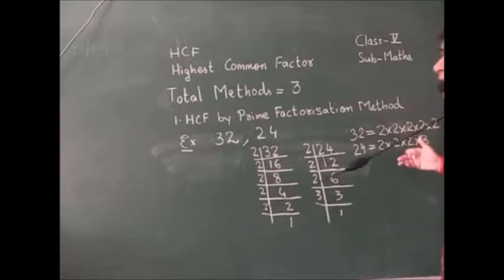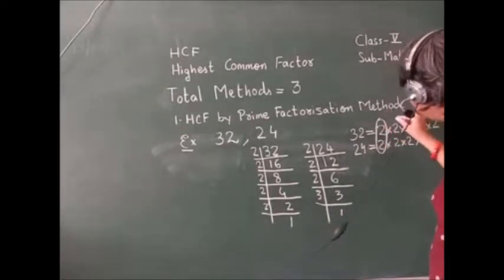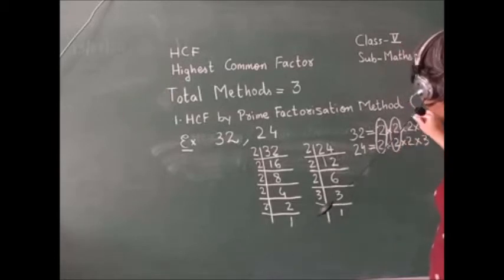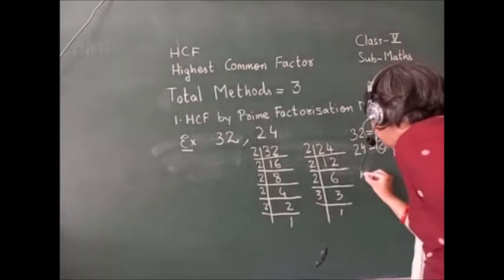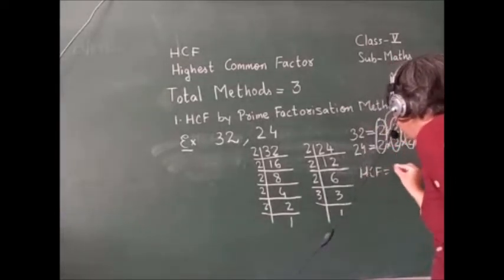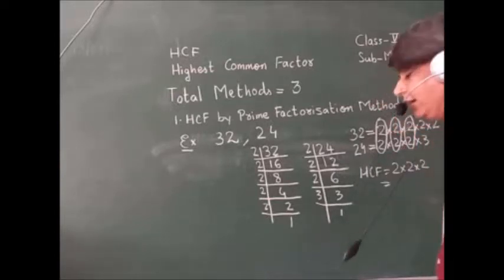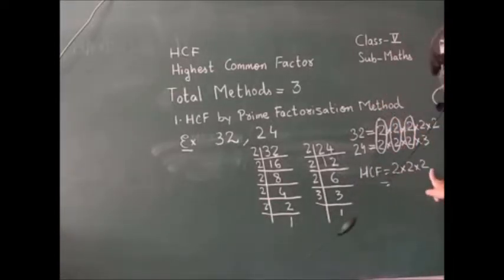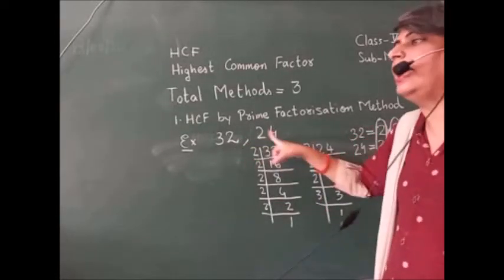Now circle the numbers which are common here. 2 is common the first time, the second time also 2 is common, the third time also 2 is common. So HCF is equal to 2 multiply by 2 multiply by 2. 2 twos are 4 and 4 twos are 8. So this is the HCF of 32 and 24.